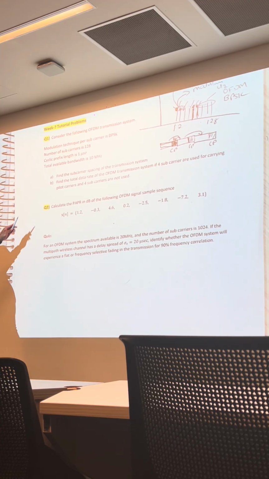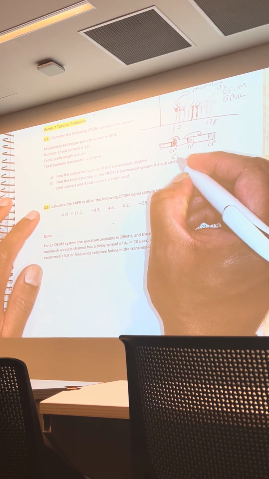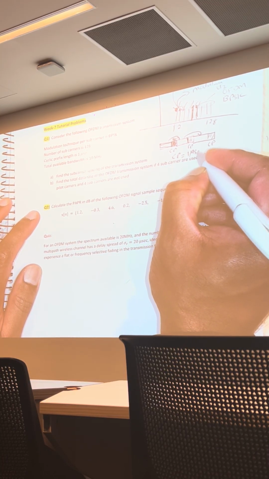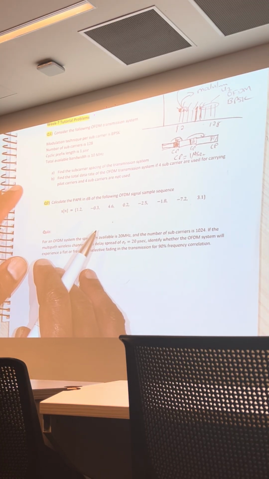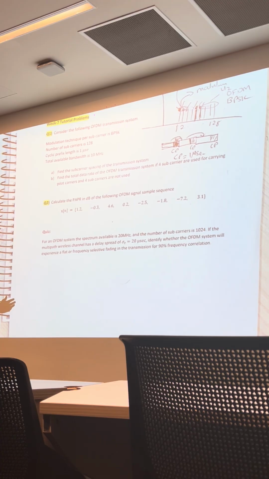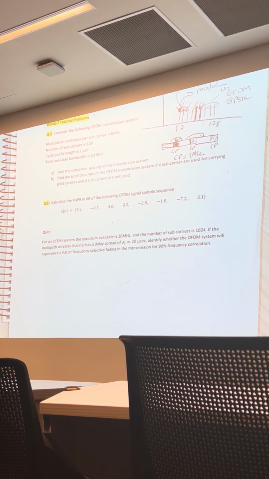So the cyclic prefix length is 1 microsecond. The cyclic prefix, the number of subcarriers, and the modulation techniques are all fixed for a particular communication system so that the receiver would know how to decode the signal. You can't have random cyclic prefix values.